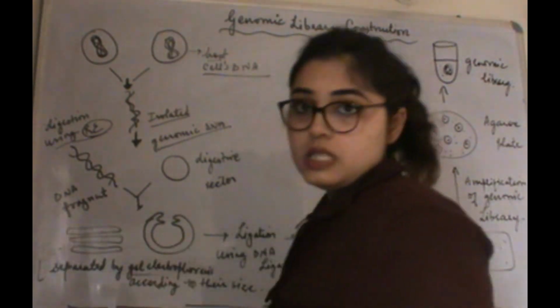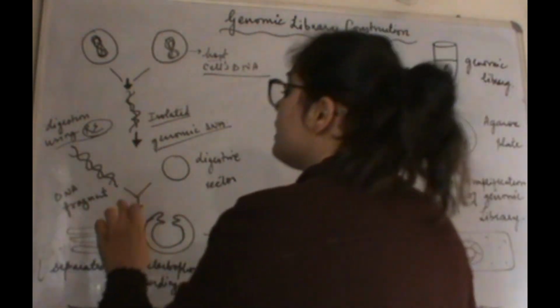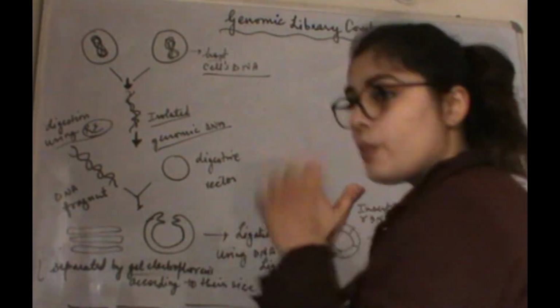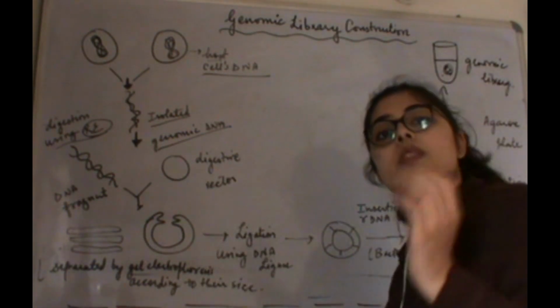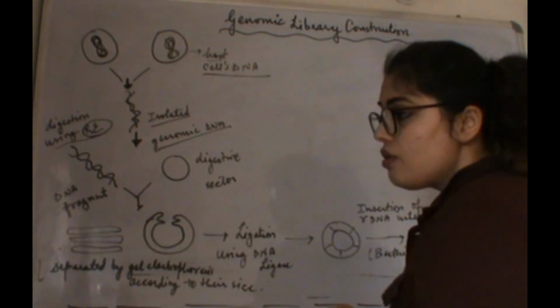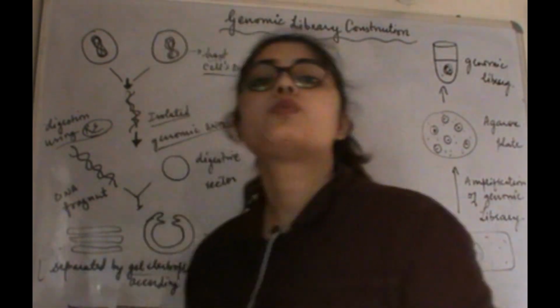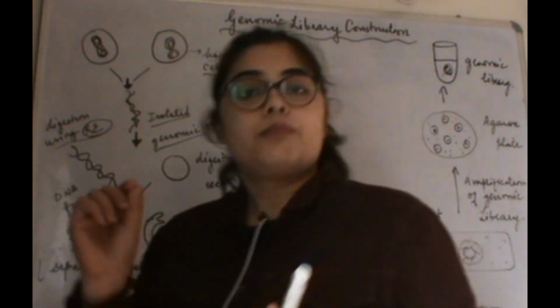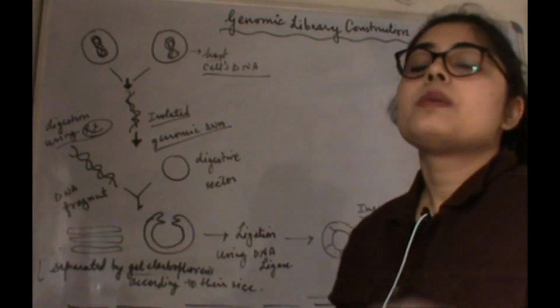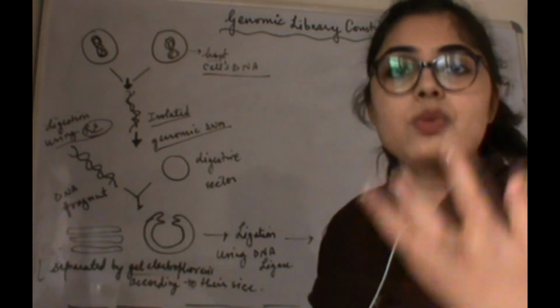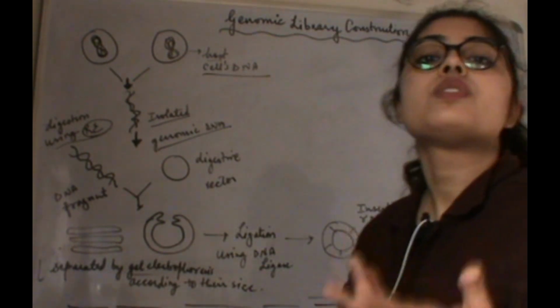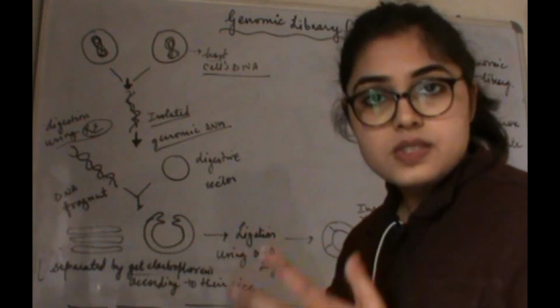These are the given fragments, and these fragments are further separated on the basis of their size with the help of gel electrophoresis. As you know, gel electrophoresis works on the principle of plus and minus. It takes the help of electricity, and with the help of that, the separation of the strands takes place on the basis of size.